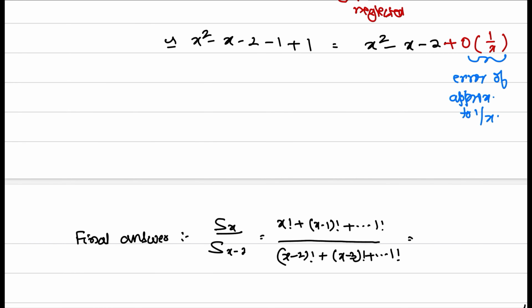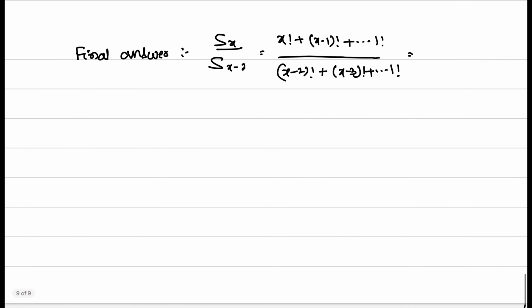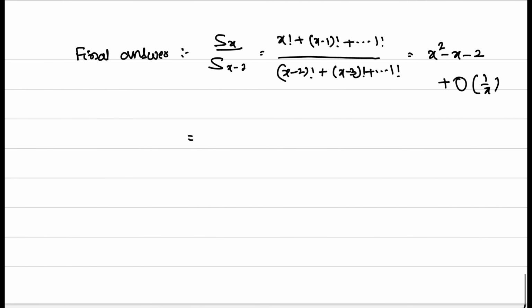It is an approximate value and you can add error if you want: x square minus x minus 2 plus some error of approximation, that is capital O of 1 by x.